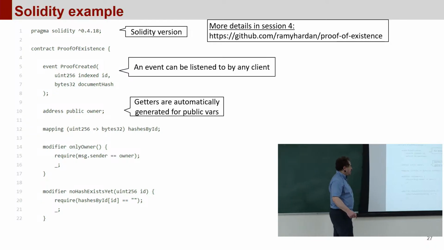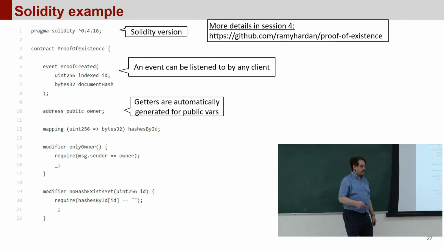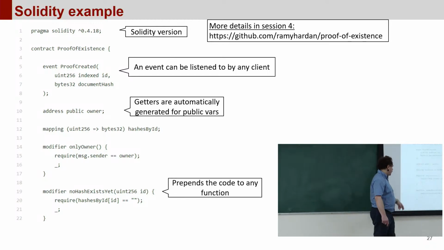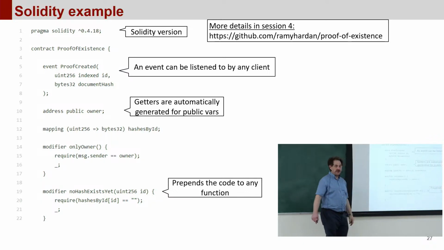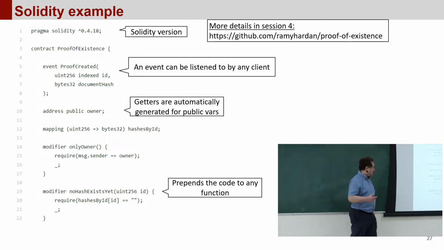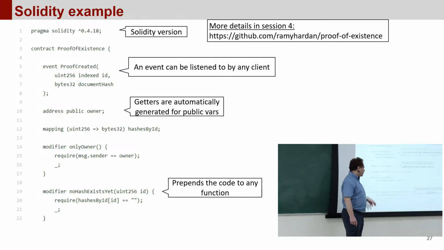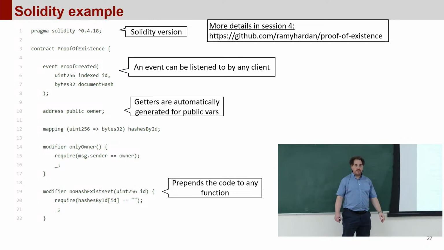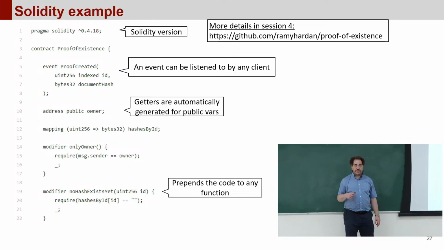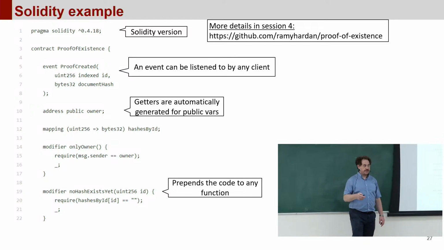Public variables get automatically generated getters and setters. Here there is a modifier, which is a special kind of function in Solidity. What does it do? It prepends to any function, and it's like a condition. You can see the modifier starts with require. So if the condition doesn't hold, then the execution of the function is aborted. And the same modifier can be included into multiple functions.